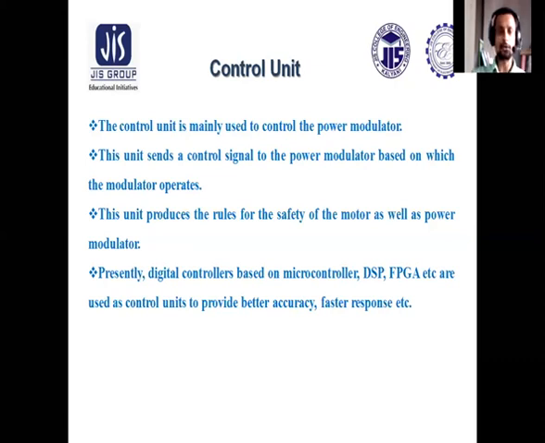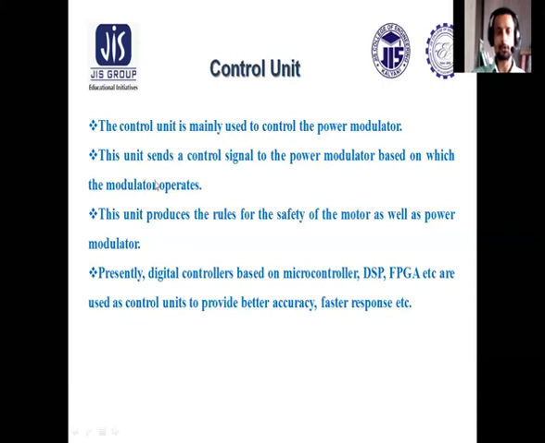If the control unit sends a wider control pulse, then the power modulator will be turned on for more time, and a smaller pulse width will enable the power modulator for less time.